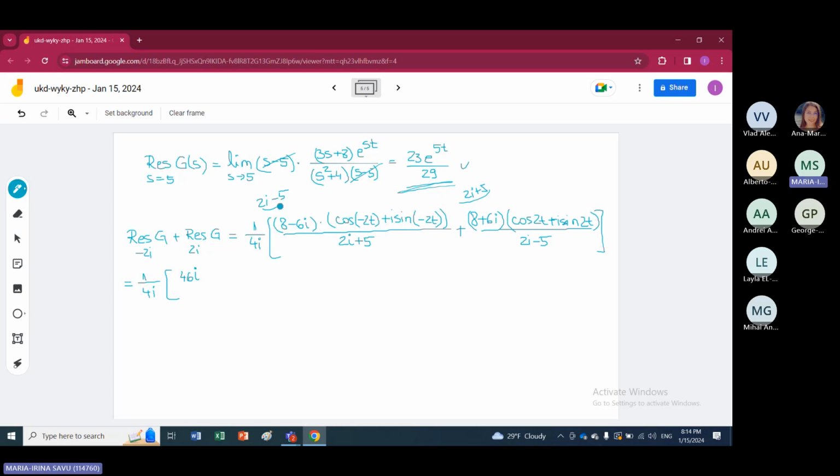And we have minus 40 plus, because we have an i times minus 12. So it's minus 40 plus 12, which is minus 28. Okay, this is the multiplication. Times, we have here cosine of 2t, because cosine is an even function, minus i sine of 2t, because sine is an odd function, plus, I'm going to make the multiplications here.